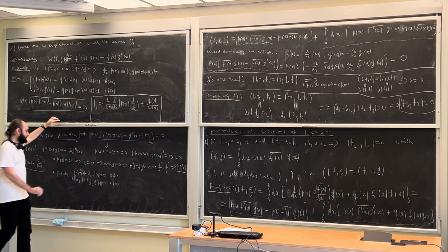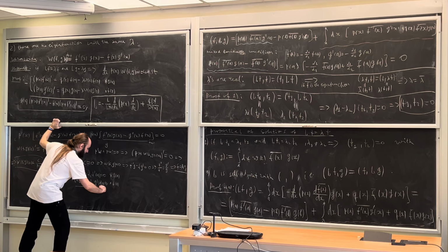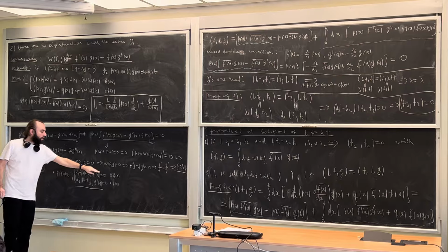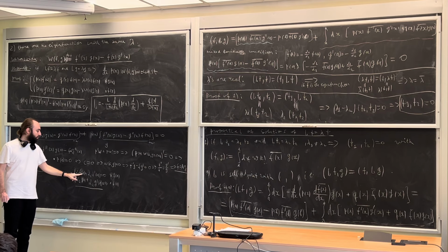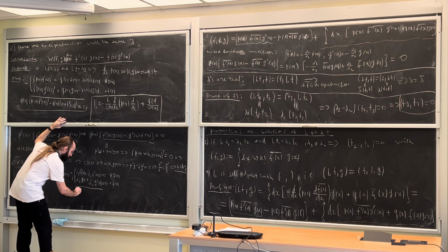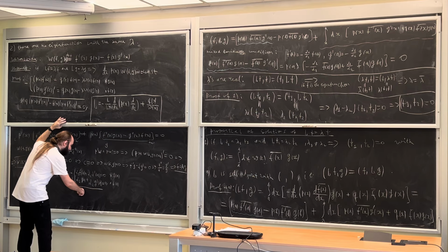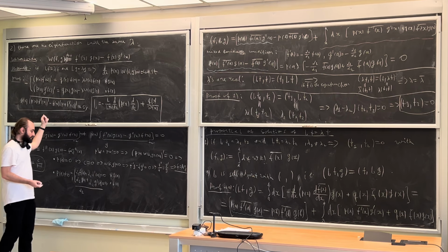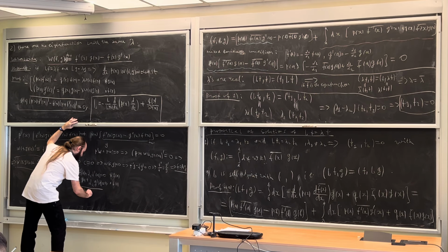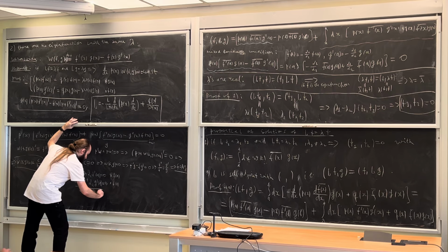So what will we get here? The first terms cancel because f times g minus f times g is 0. To be precise, it is alpha 2 times the Wronskian of f and g at a, and that is 0.